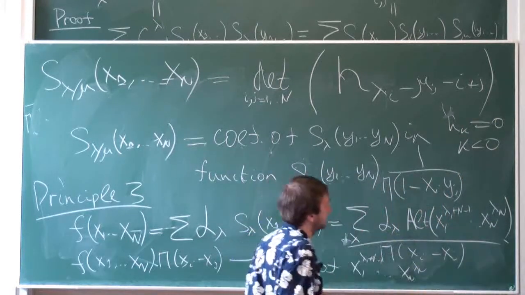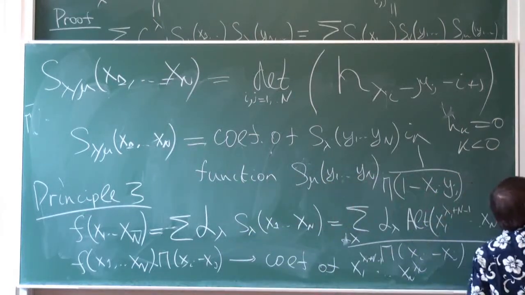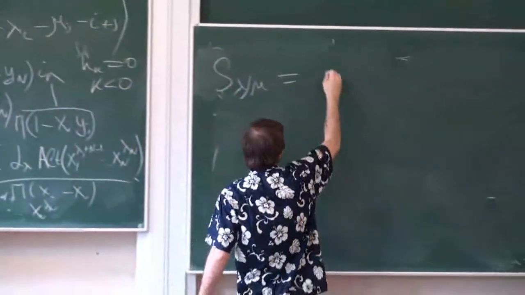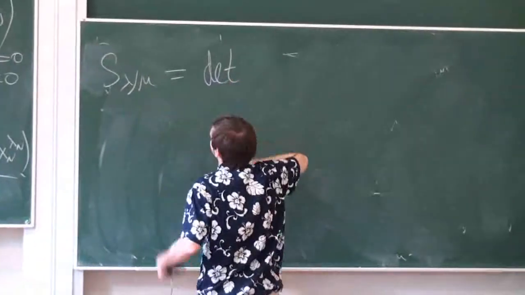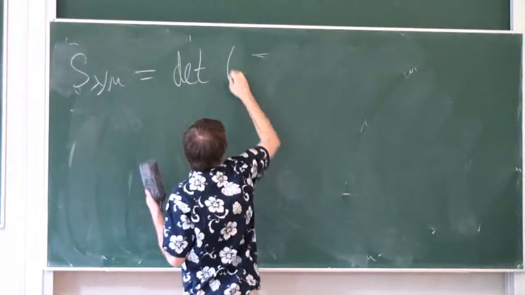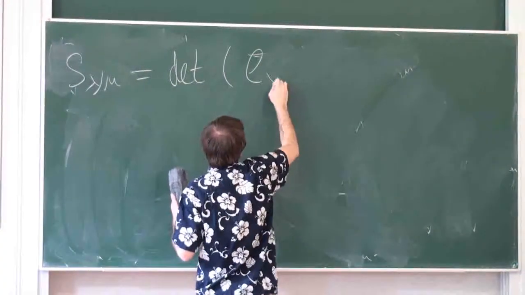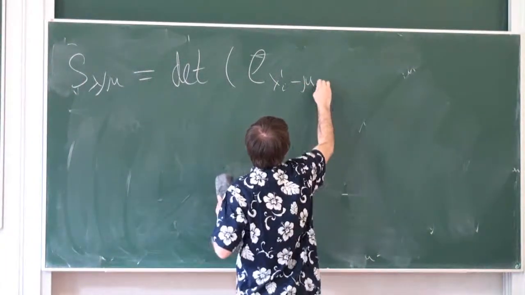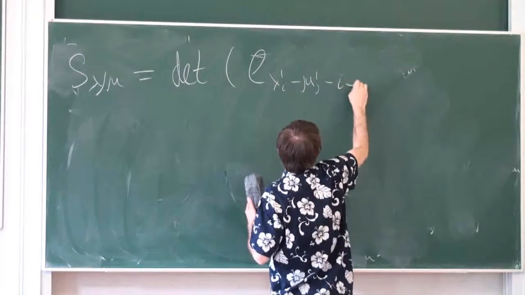Now there is a second formula of this kind. It's usually called the dual formula. This is the statement that the Schur polynomial is also the determinant of e of lambda j prime minus mu i prime minus i plus j.